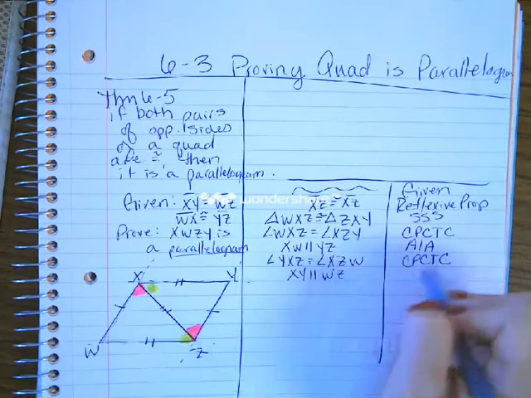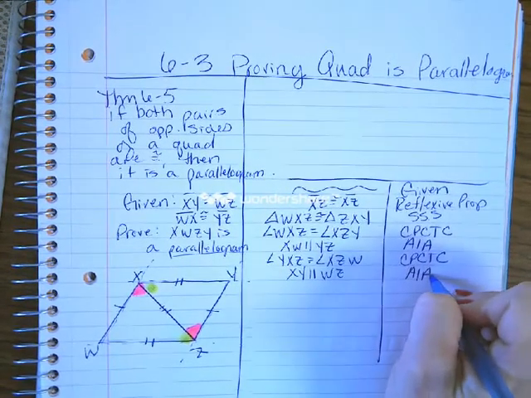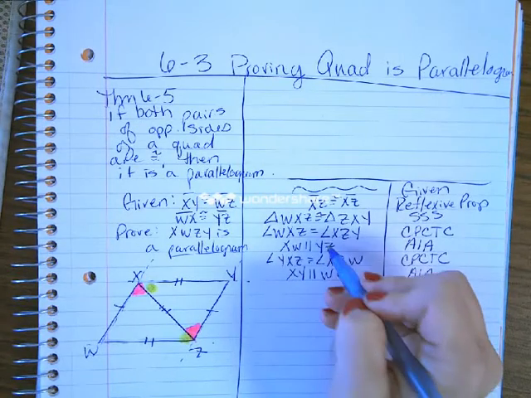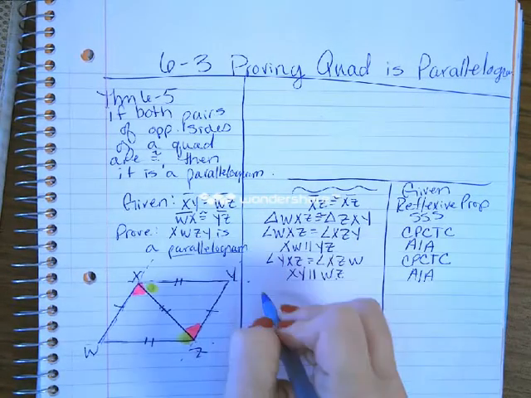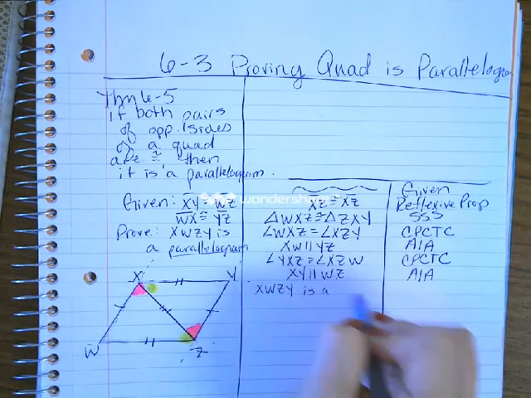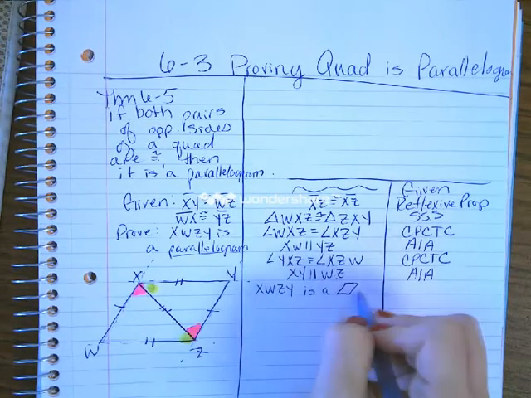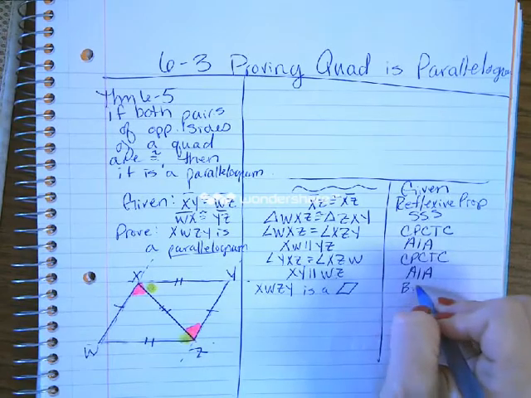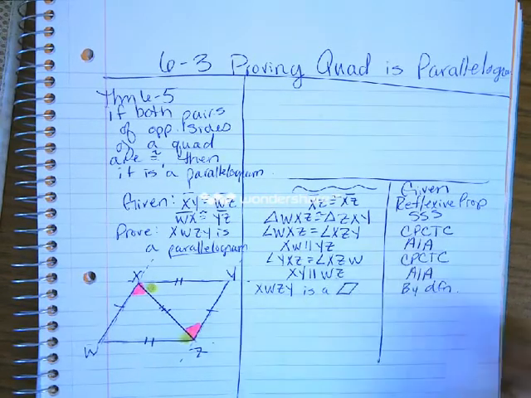Now that I've proven both pairs of opposite lines parallel, I can say that it's a parallelogram by the definition of parallelogram. Okay? So, that's one example of a proof.